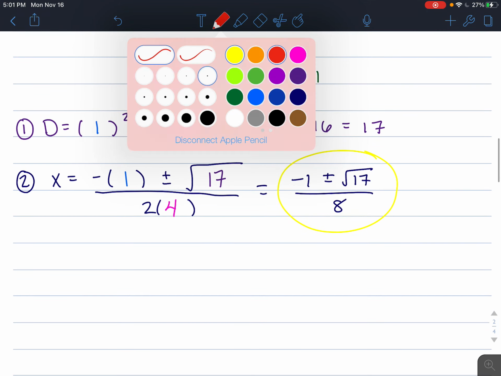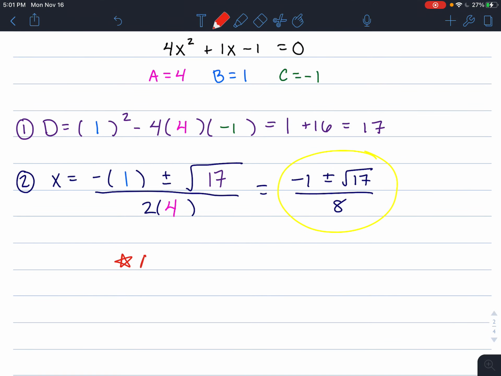Now, one thing that you need to check, so we're going to write this out. Always check that you cannot break down the square root.